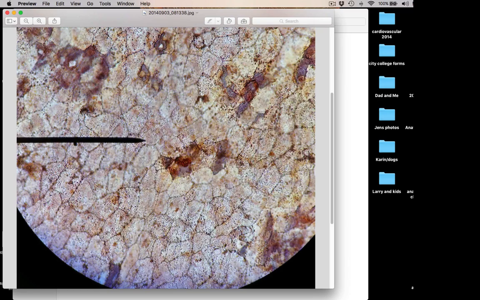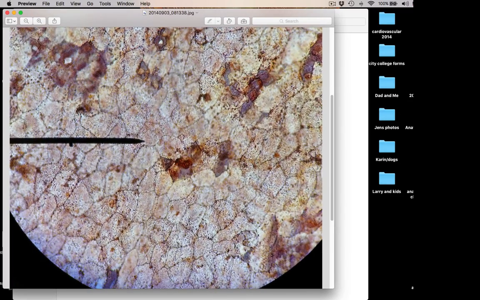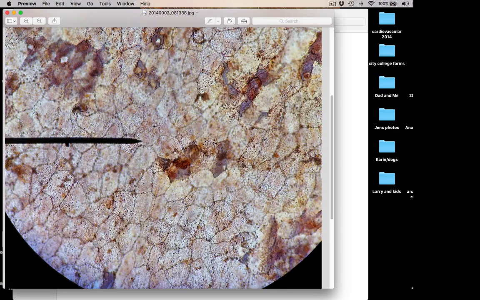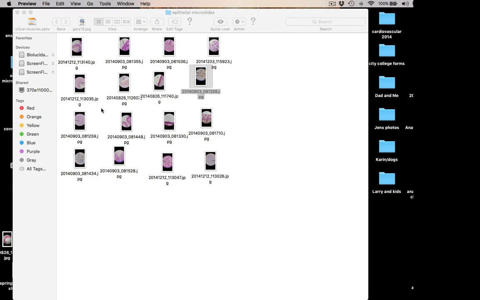Mesothelium, a special type of simple squamous that forms our serous membranes. It's found on serous membranes. Mesothelium.